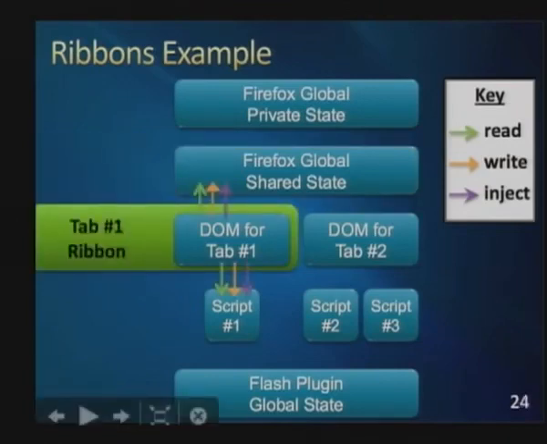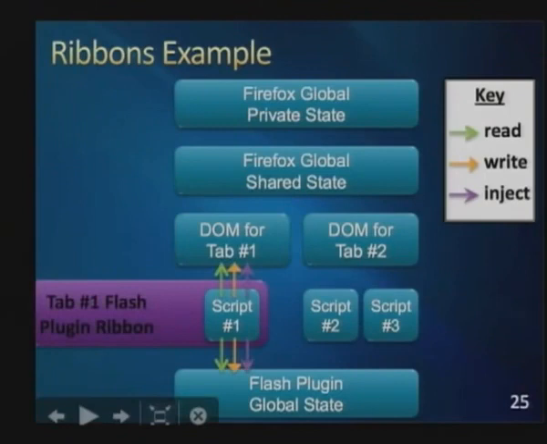Notice this ribbon doesn't encompass the entire layer, but instead it just encompasses one of the tabs of the browser, one of the document object models. And so instead, it just has the privileges, again, associated with that one particular instance of that protection domain. And here's the one for the Flash plugin.